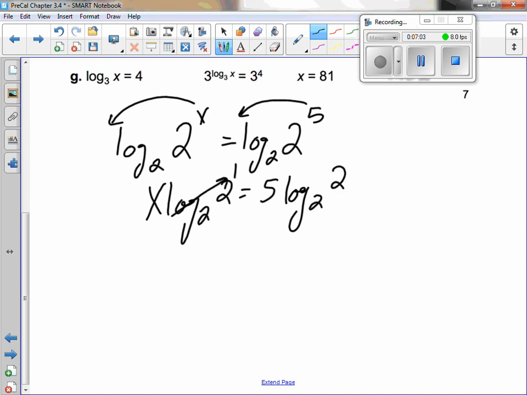Well, that reduces. That's the one-to-one property. We skip that step and just say the exponents are equal, but it's the same thing. It's the same property. We just do it in a little different fashion. Questions on this here? We good with this here?